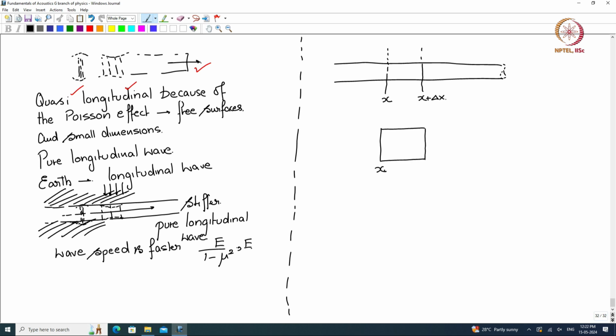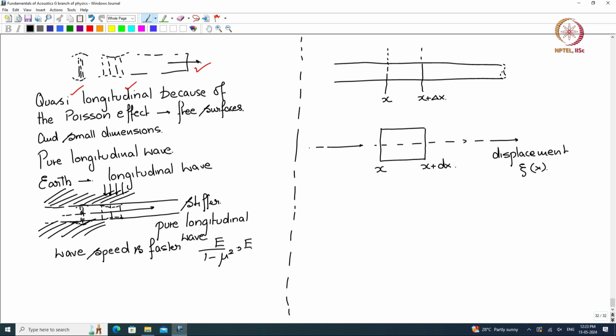So, I have x over here, x plus, let me call it dx is over here, and now there is a longitudinal wave moving through this. Okay. And let me say that the symbol for displacement is xi. Okay. Xi is a function of x.